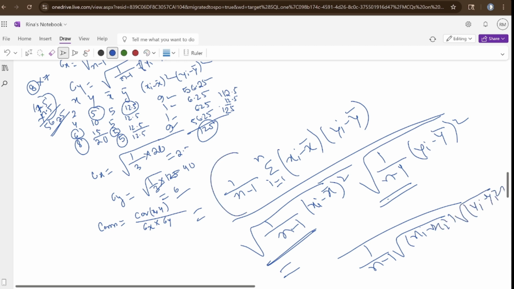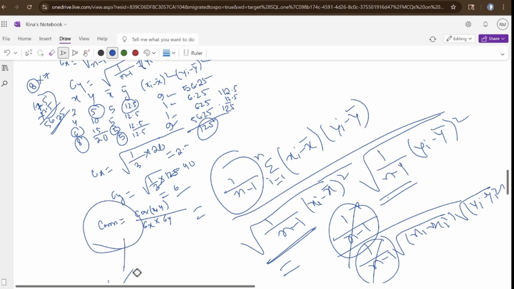So in the numerator we have 1 by n minus 1, and here also we have 1 by n minus 1, so this will simply be removed. Here we have (xi minus x bar) into (yi minus y bar), and here also (xi minus x bar) square under the root. So whatever the unit is, that is completely cut out. That is why correlation is unitless.